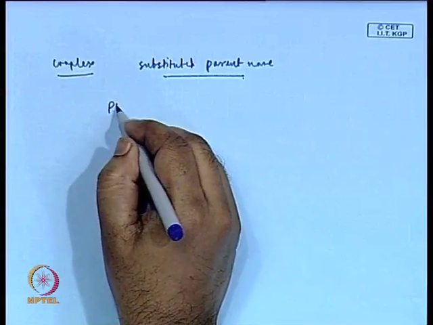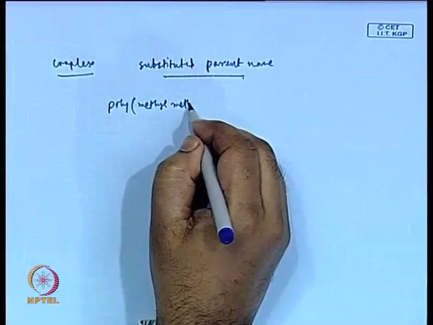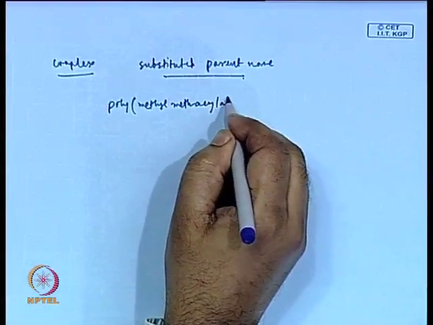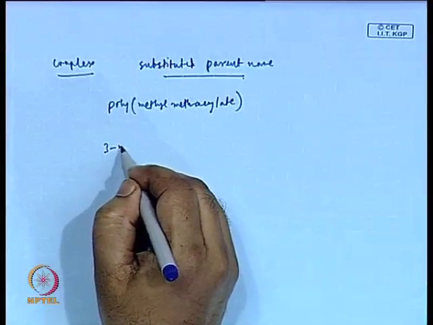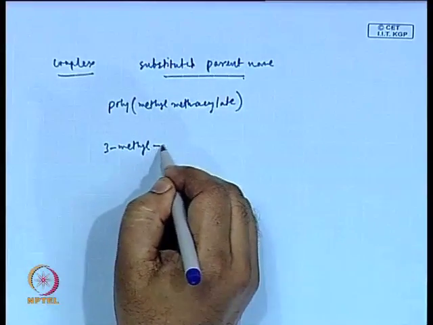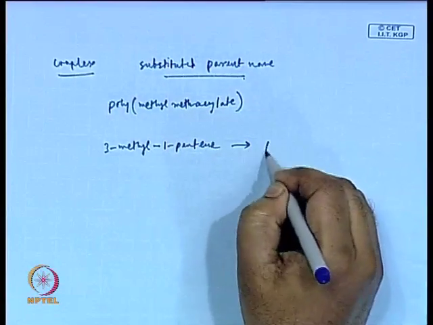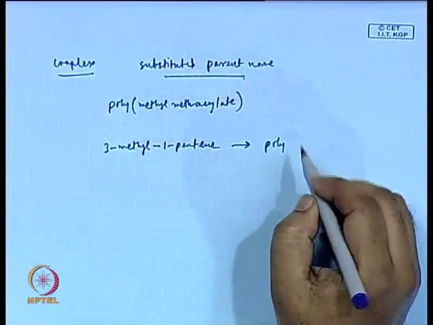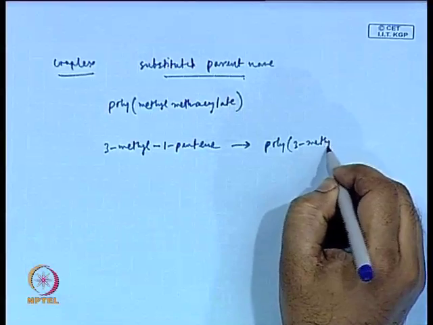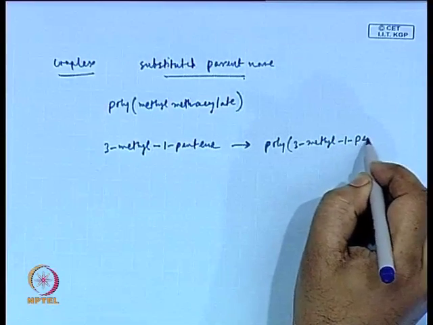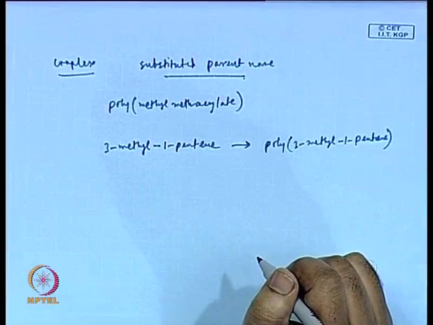For example, poly(methyl methacrylate), a polymer formed from 3-methyl-1-pentene, because these are substituents. So, you have to put this monomer term within brackets.